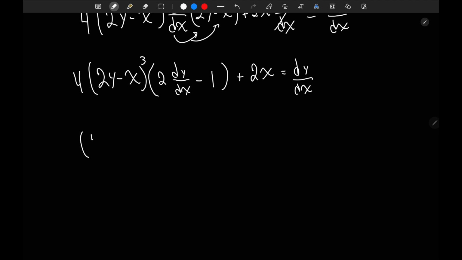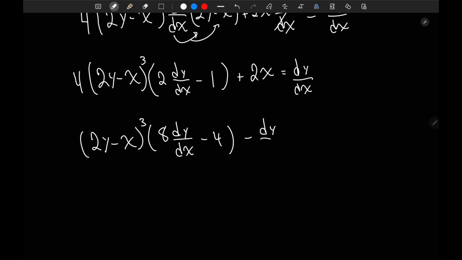So we will have (2y minus x) cubed multiplied by 8 dy/dx minus 4 plus, and over here I'm going to save one step by moving this dx and dy over, and the 2x we're going to minus dy/dx is equal to minus 2x.